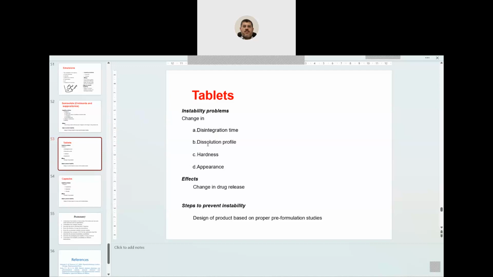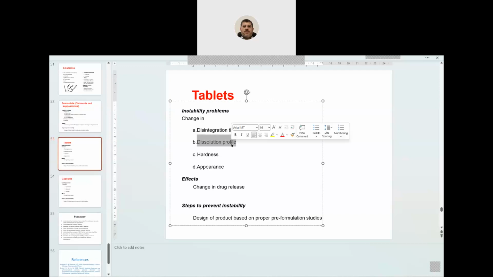The drug should have a certain dissolution profile, meaning a certain amount of the drug should dissolve upon taking the tablets, or in the lab in vitro when we use a certain dissolution medium like water or HCl or a certain buffer. They should achieve a certain concentration dissolved in this medium within a certain time. So there may be changes in this.